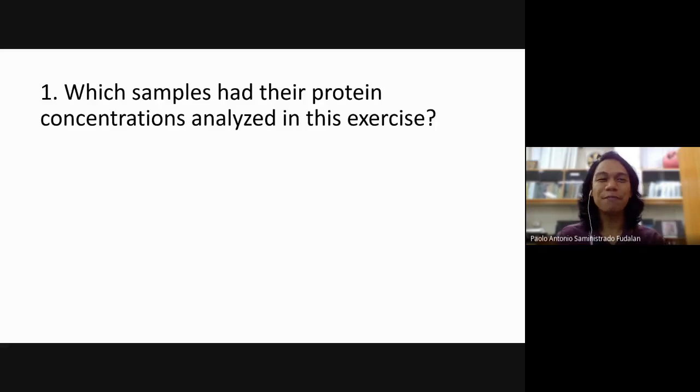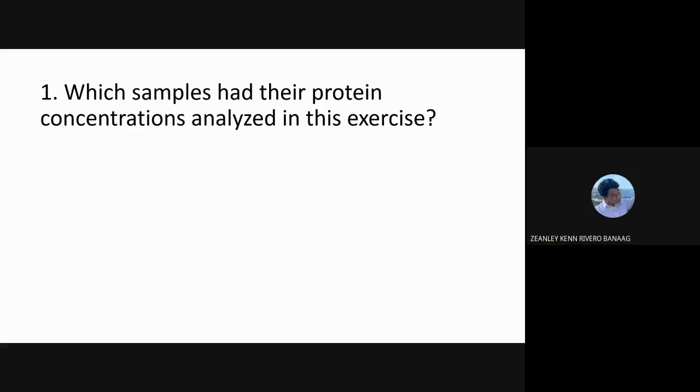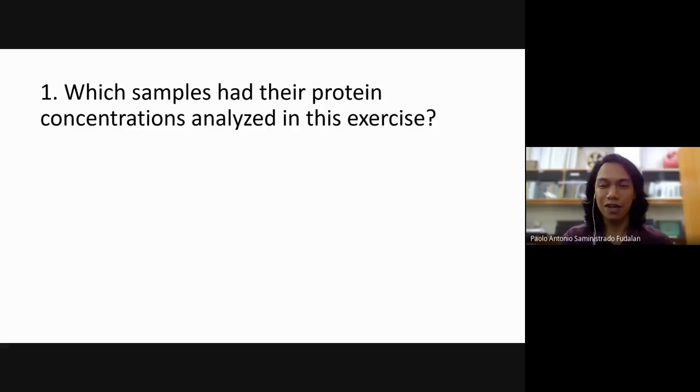Question number 1. Which samples had their protein concentrations analyzed? Milk, sir. So milk, how many samples were there? Two, sir. All right.